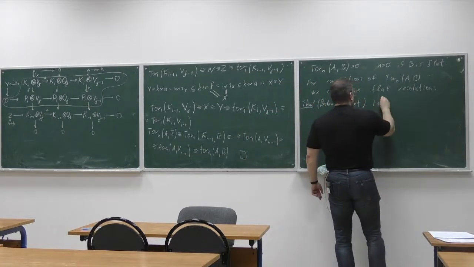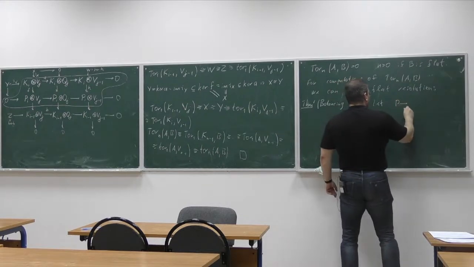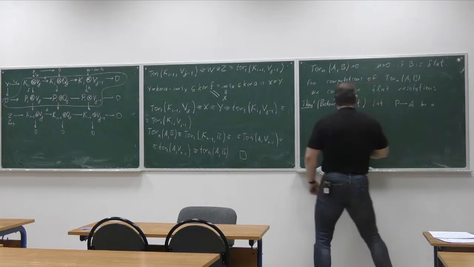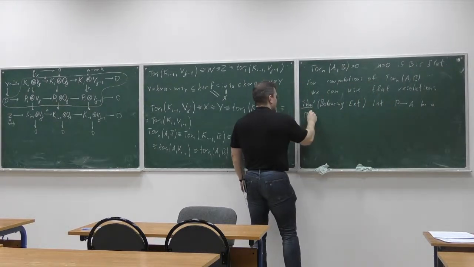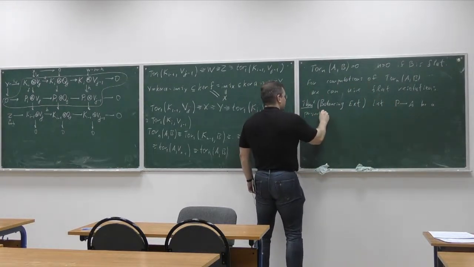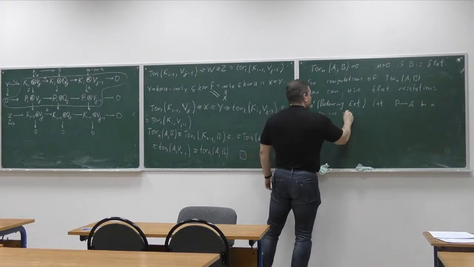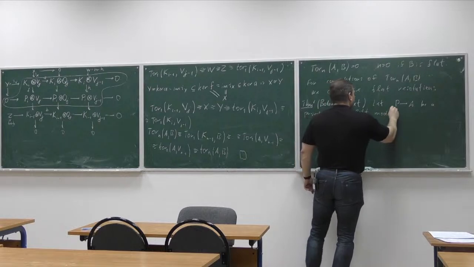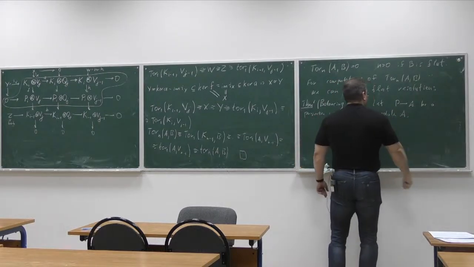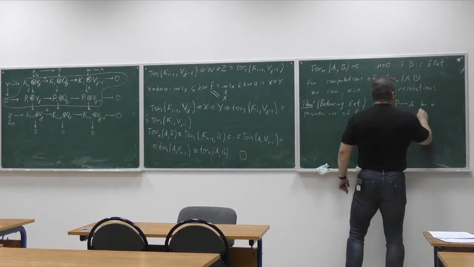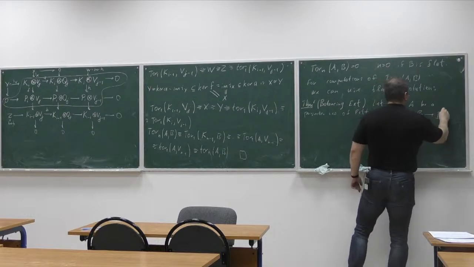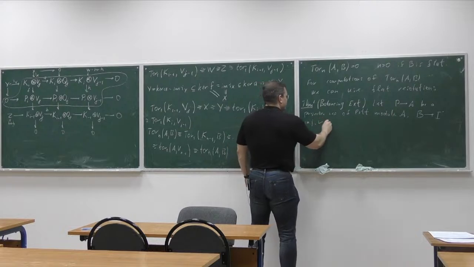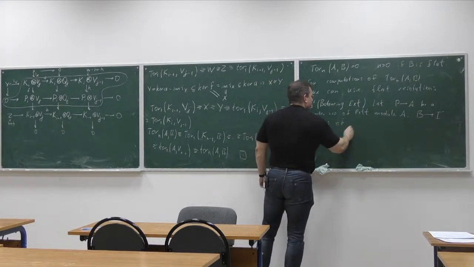So let P be a projective resolution of A, so of left module A, and suppose that the module B has an injective resolution, so an injective resolution of the left module B.